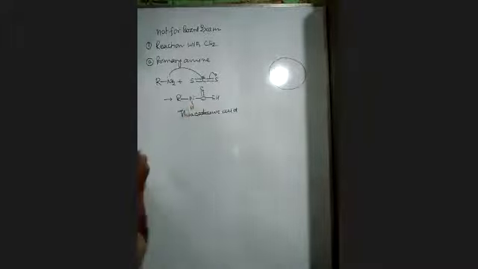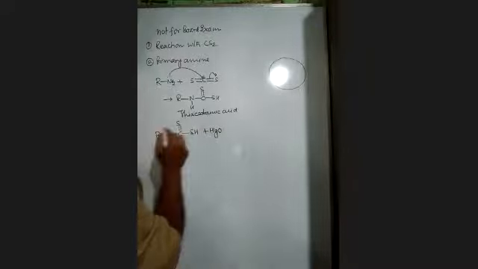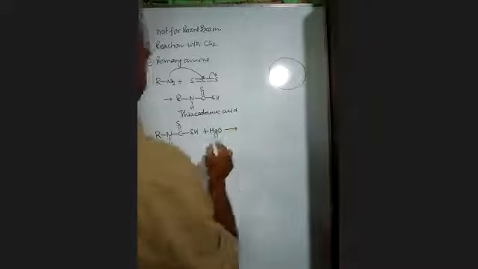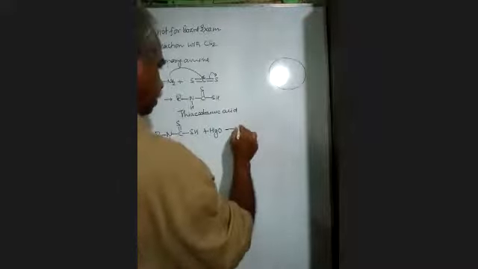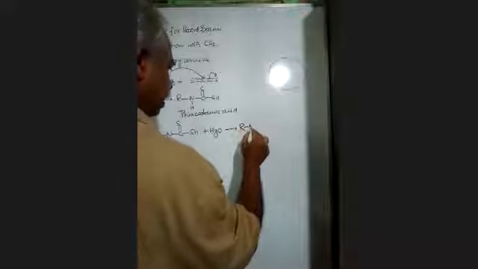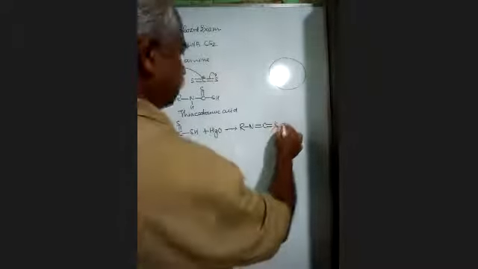Now, this one, if I oxidize with mercuric oxide, then from here a molecule of H2S goes out. So I get here R NCS.